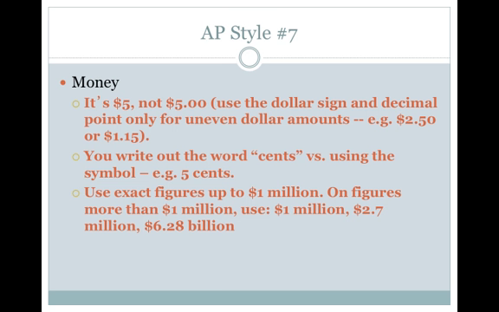You write out the word cents instead of using the symbol. And we typically use exact figures until we hit the $1 million mark. After that, you spell out the word and use decimal points to indicate fractions of bigger numbers. So $6.28 billion. You'll see here the example.